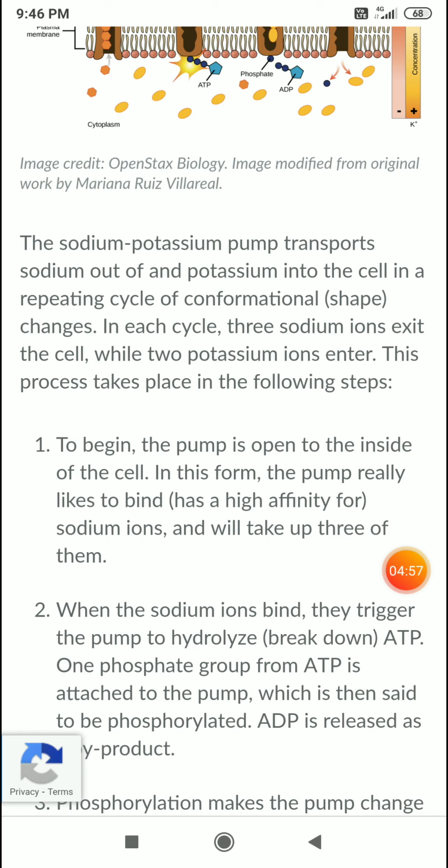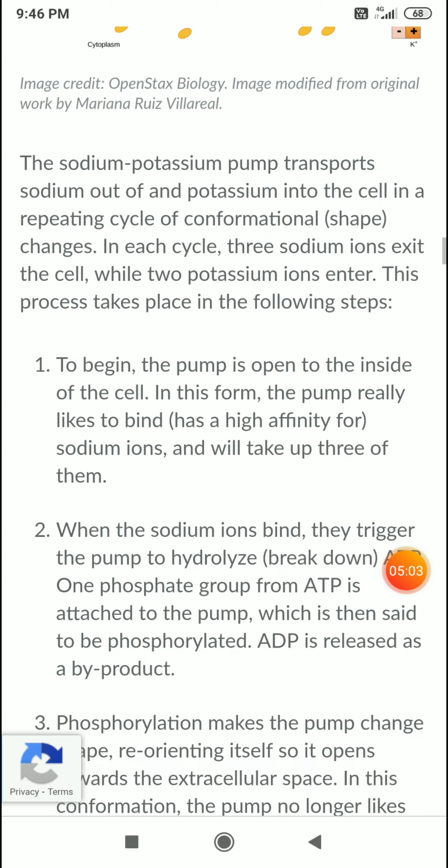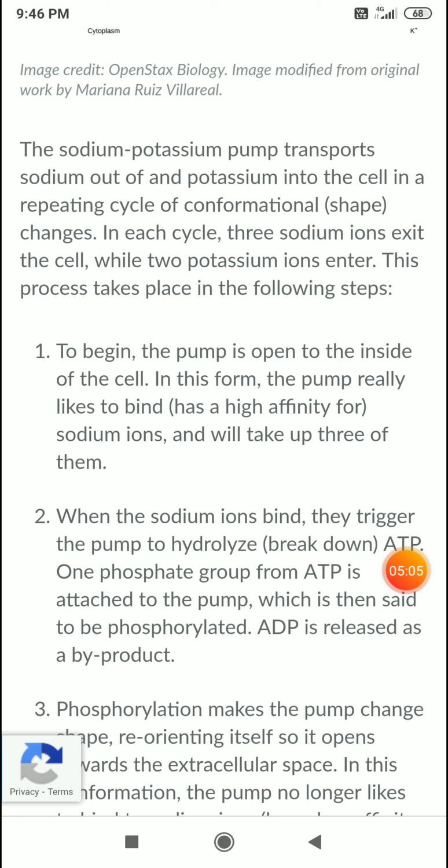One phosphate group from ATP is attached to the pump, which is then said to be phosphorylated. ADP, adenosine diphosphate, is released as a byproduct.